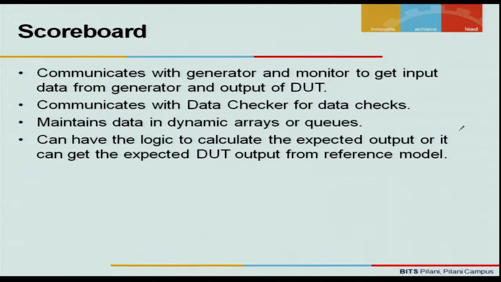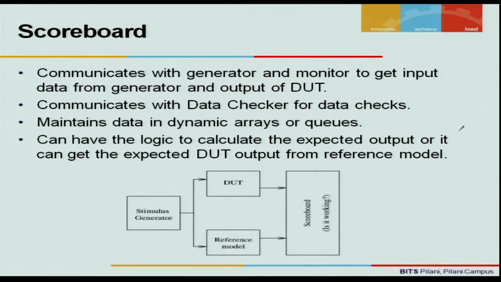Whatever the checker is doing, you can implement that in the scoreboard itself. I have received this input from the generator. If the logic is really simple and I don't need any reference model, you put everything into the scoreboard itself, take that input, perform some operation on it, and you get your output.